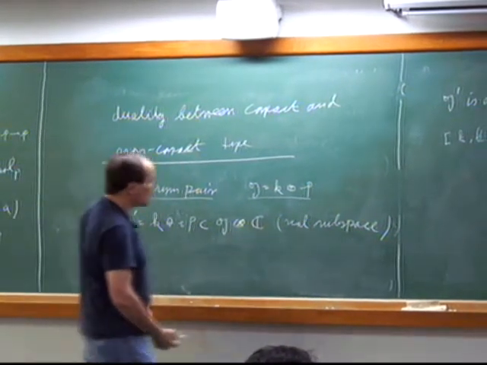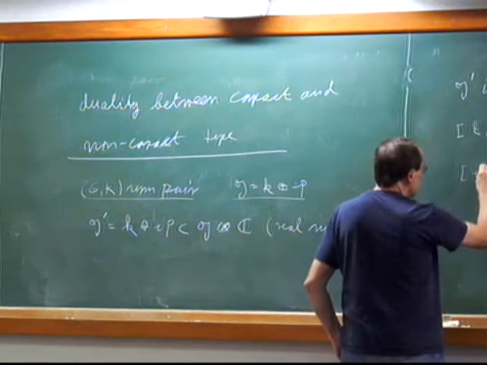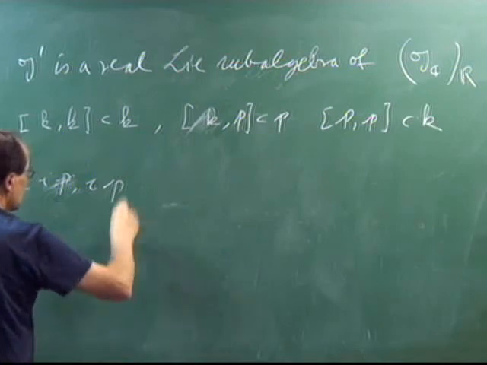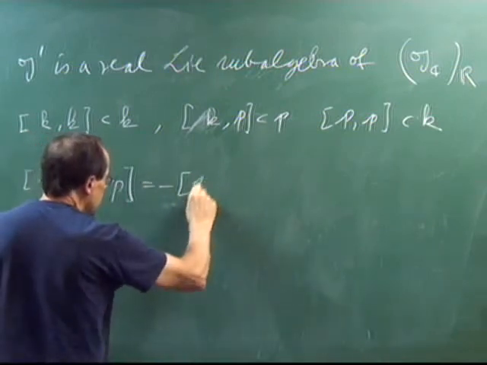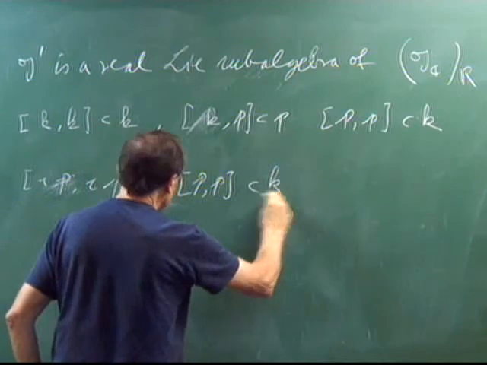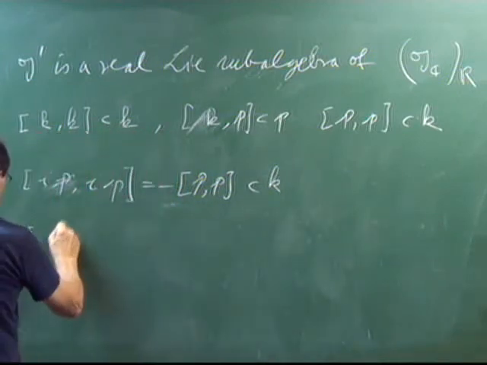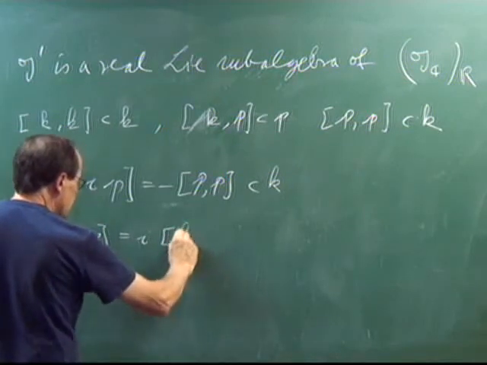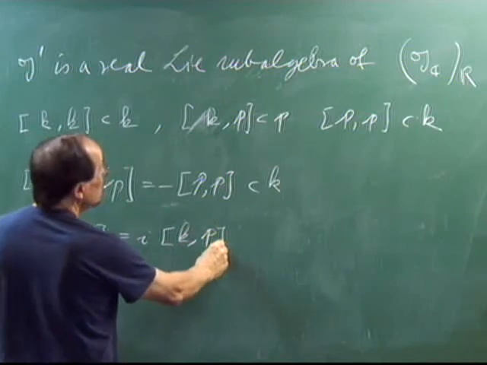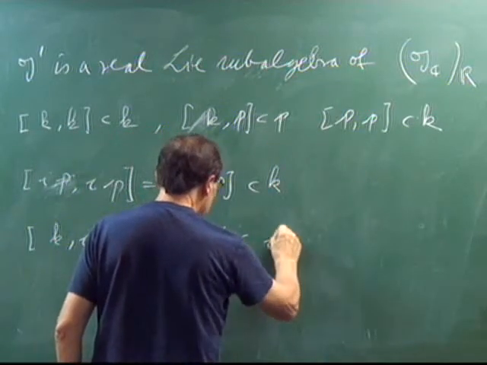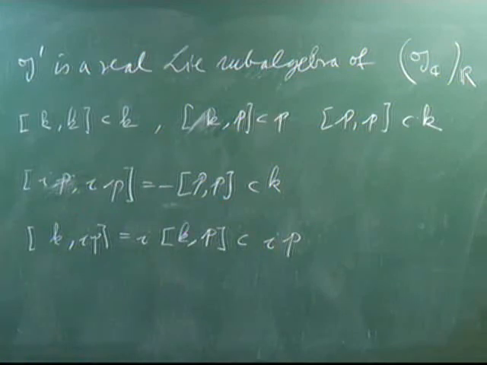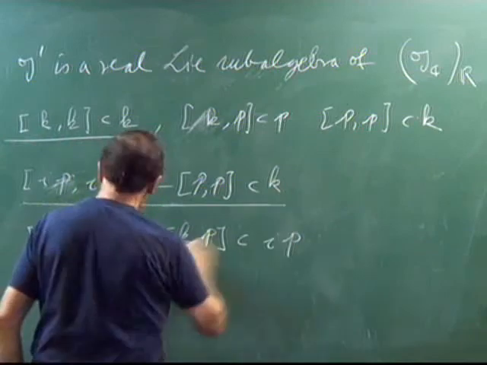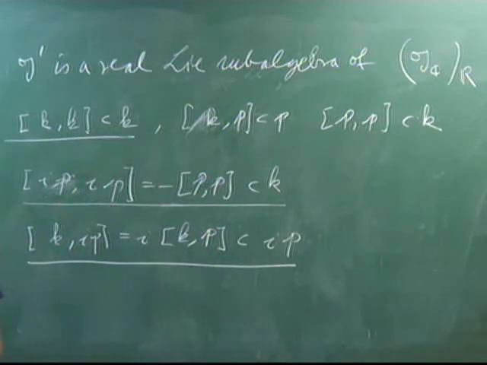So now just observe that, well, what's the bracket of iP with iP? That's minus the bracket of P with P. So that's contained in K. The bracket of K with iP is i times the bracket of K with P. K comma P lies in P, so it's contained in i times P. And of course I have this, so KK in K, iP iP in K, and K iP in iP.